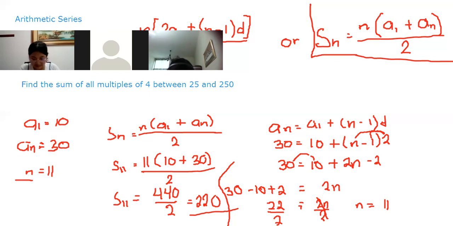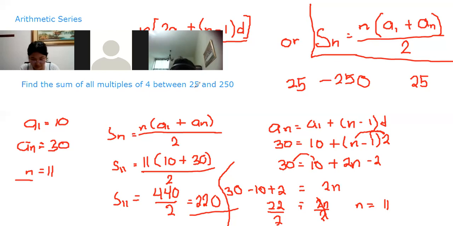So, paano makuha ang A sub 1 natin? Between ano ba yung ating given? Diba? Between 25 and 250. So, tingnan nyo lang kung si 25 pataas. So, si A sub 1, simula tayo kay 25. Si 25 ba, multiple siya ni 4?